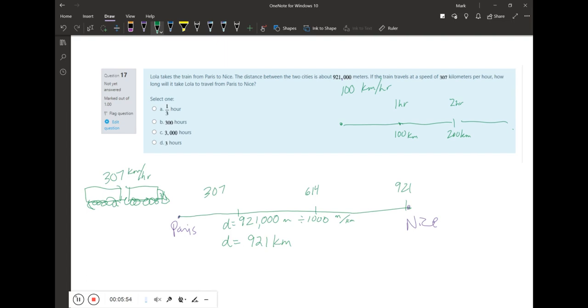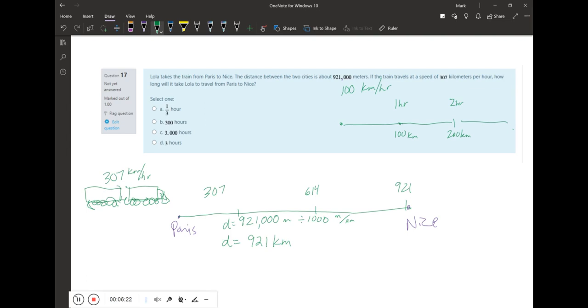And so that's what we want to work on releasing ourselves from: attempting to solve problems that we think we don't know how to do, right? It's not true. You do have the skills to do this in a different way, and in a way that's going to make sense to you. Even if we didn't know to do that, if we look at these answers, some of these answers there's no way it could be, right?